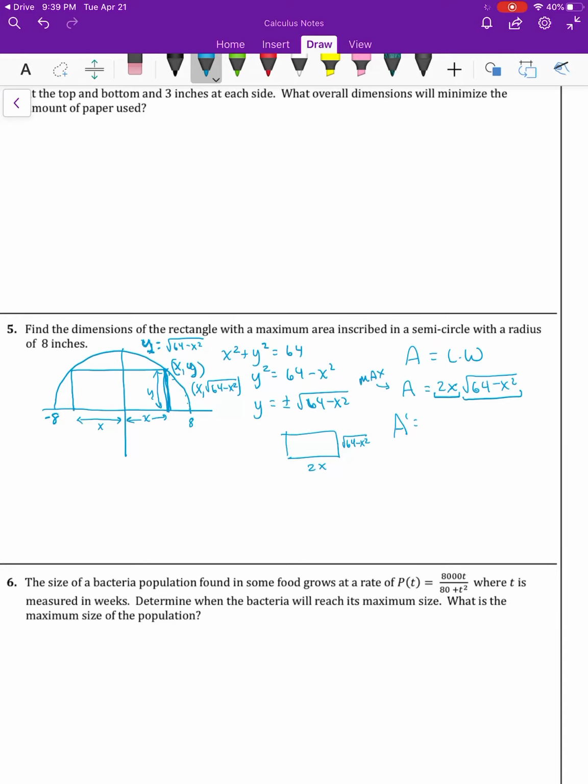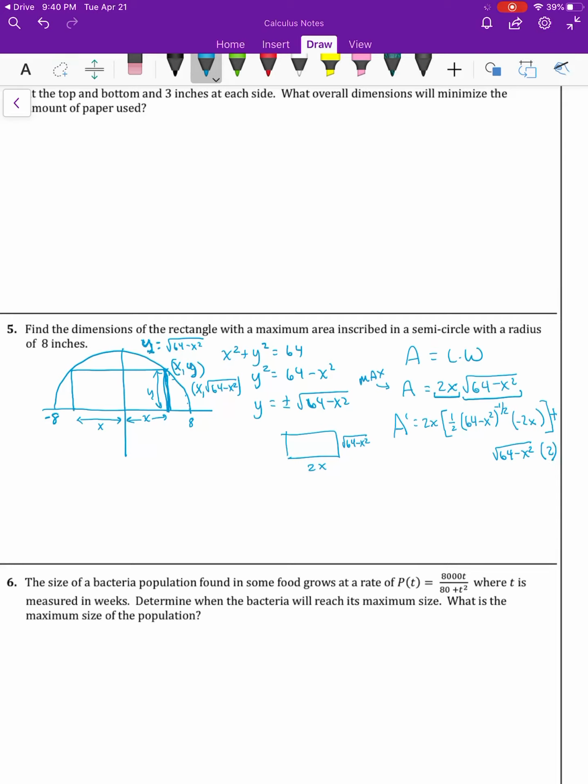So if I wanted to find the area, I'm going to take 2x times the square root of 64 minus x squared. This is the thing that I want to maximize, because I want to maximize area. So this is what I take the derivative of. And notice that when you take the derivative of this, you have to use the product rule. So you've got your first times the derivative of the second.